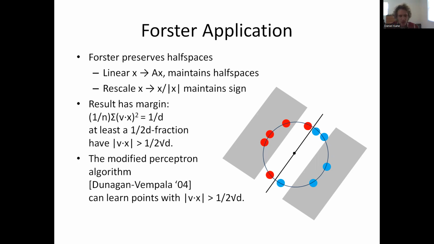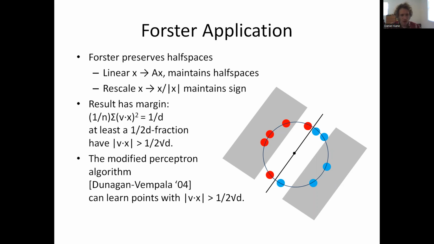In particular, this means that we can use a modification of the perceptron algorithm by Diakonikolas and Van Paula. What this basically does is it gives us a classifier that learns almost all of the points where v dot x satisfies this margin. So of the points where v dot x is bigger than 1 over 2 root d, it gives you the correct answer with a 1 minus epsilon probability. And of the points that are smaller than that, it maybe outputs, I don't know.